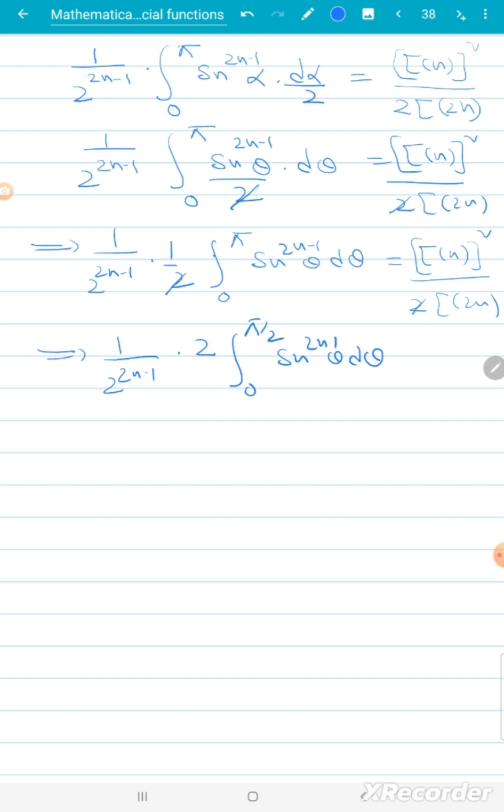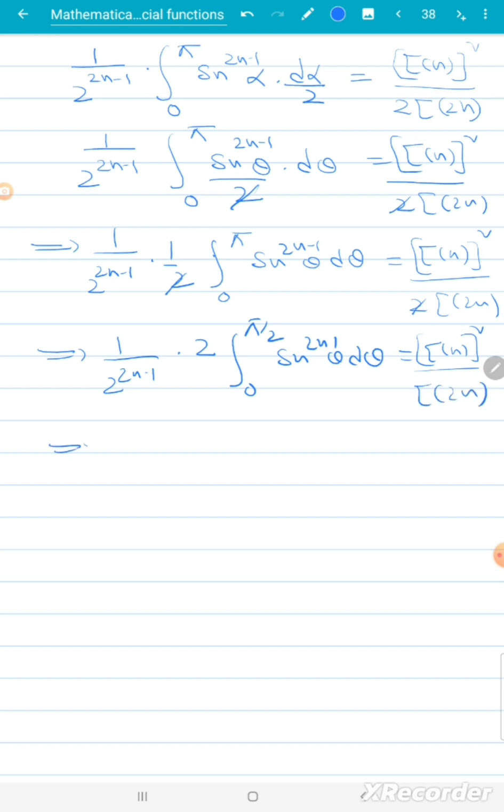Since sine theta is an even function, integration 2 into integration 0 to pi by 2 sine 2n minus 1 theta d theta is equal to gamma of n whole square by gamma of 2n.